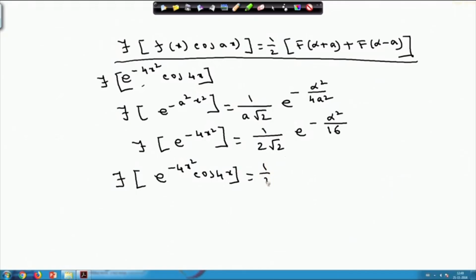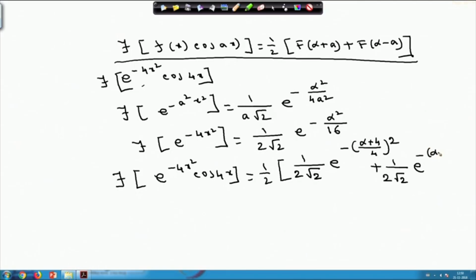That half into this will be equal to 1 by 2 root 2 into e power minus (alpha plus 4) by 4 whole square, plus 1 by 2 root 2 into e power minus (alpha minus 4) by 4 whole square.